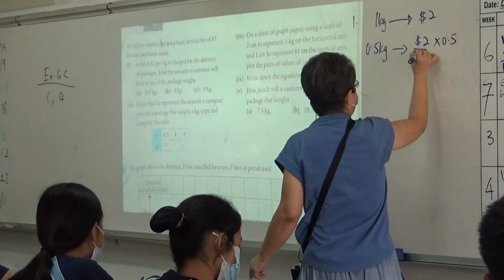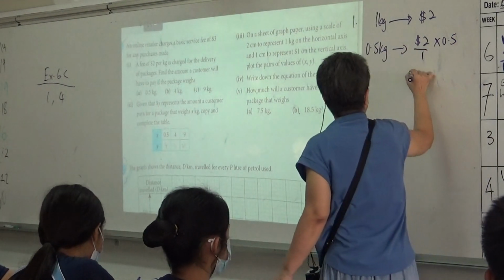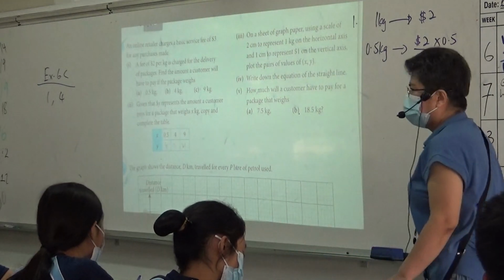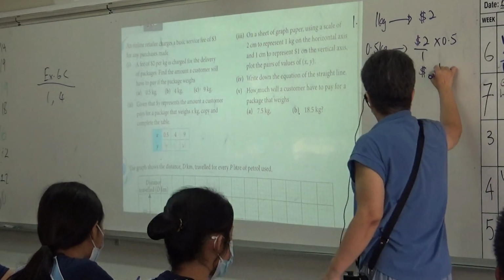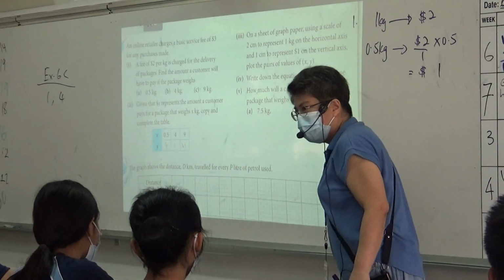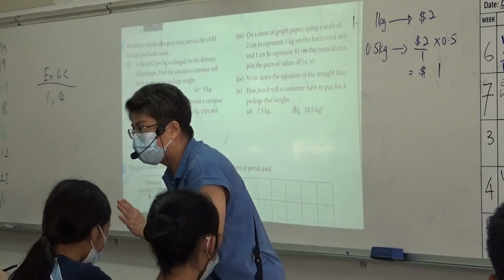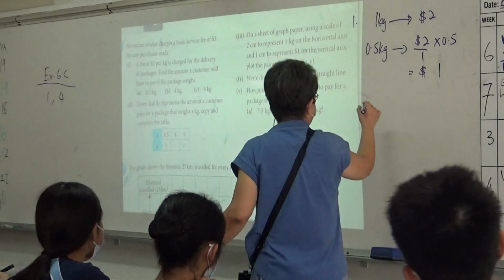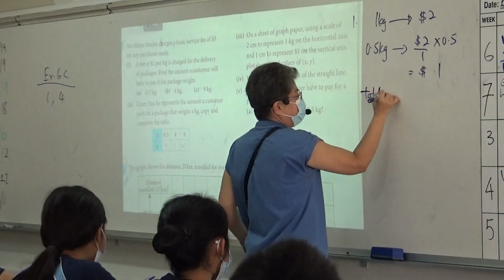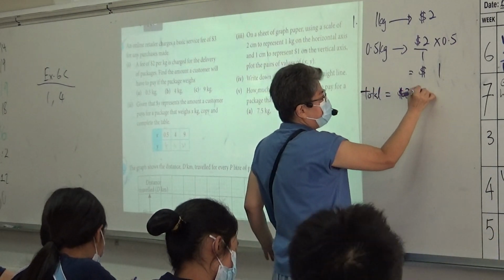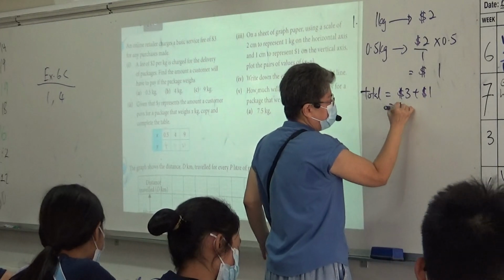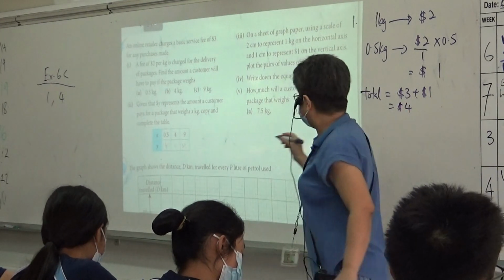Actually, it's 2 over 1 times 0.5. So, how much do you pay? $1. Okay? But you forgot there's a basic fee, right? Of how much? $3. So, total: $3 plus $1, answer $4. So this is the first part.